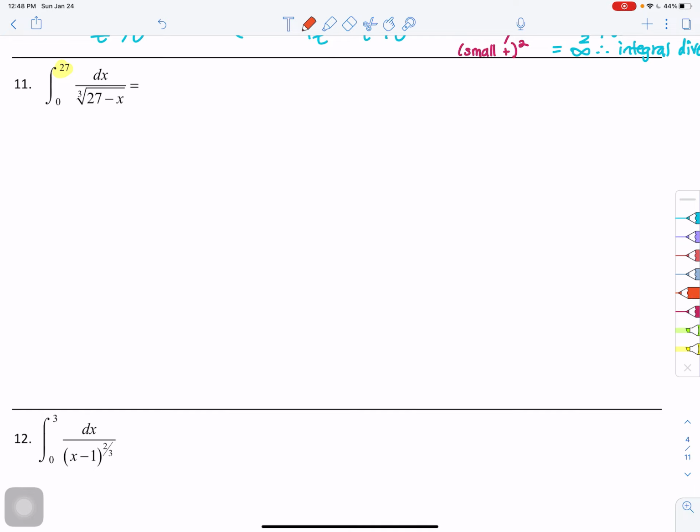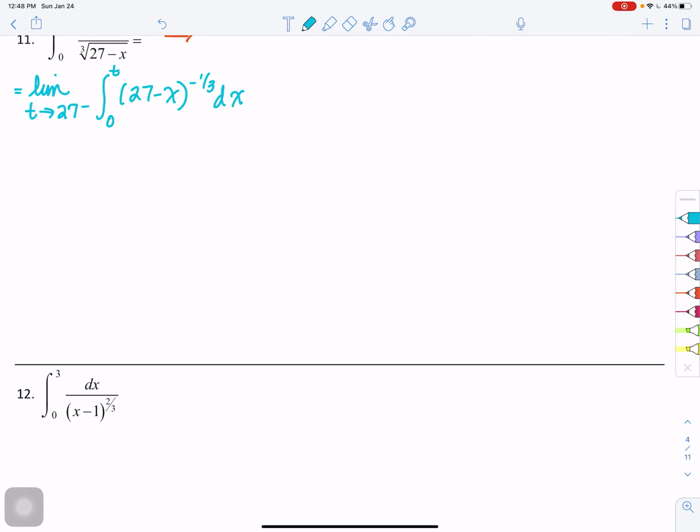We're going from 0 to 27, so we are going to approach 27 coming from the left, okay? So this is equal to the limit as t approaches 27 coming from the left of the integral of 27 minus x to the negative 1/3 dx, and the limits of integration will be 0 to t now.